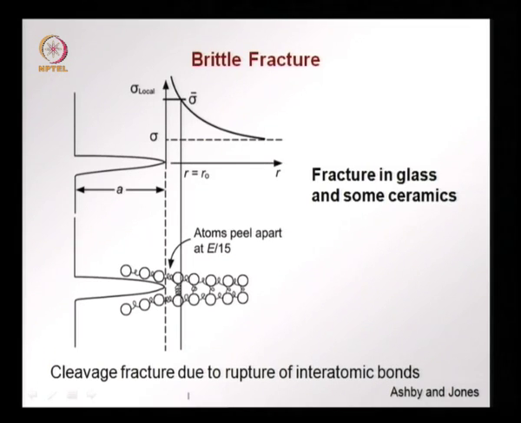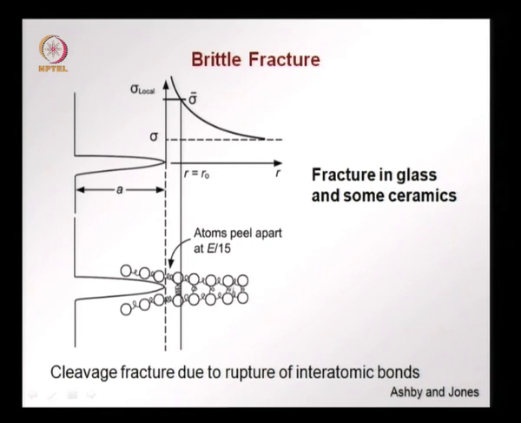In the case of fracture in glass and ceramics, brittle fracture, as the stress intensity goes up near the crack tip, the stress reaches, in the vicinity of the crack tip, a value which causes the rupture of the bonds in front of the crack tip. So, that is what we see here.